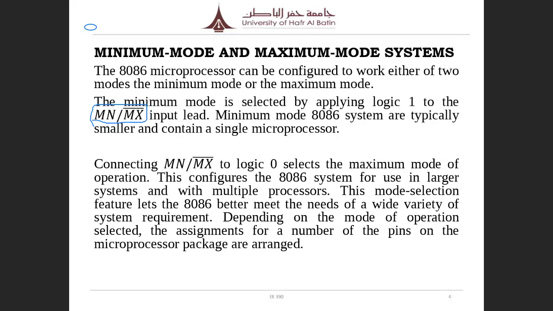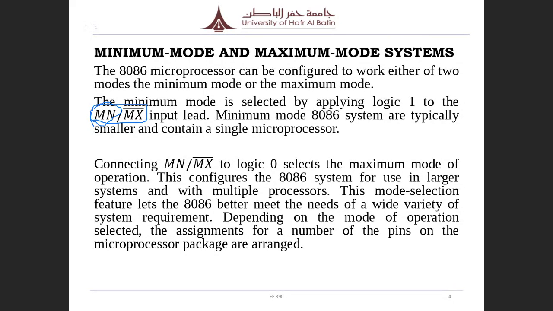So it can work in minimum mode or maximum mode, and just one pin determines it. If you connect it to the VCC or 5 volt, that means it is in minimum mode, and if you connect it to the ground, that means it works in maximum mode.